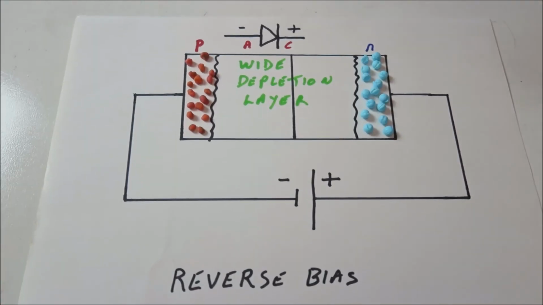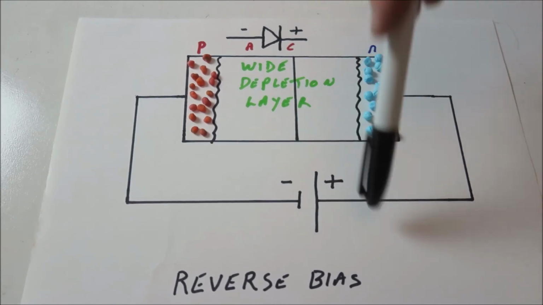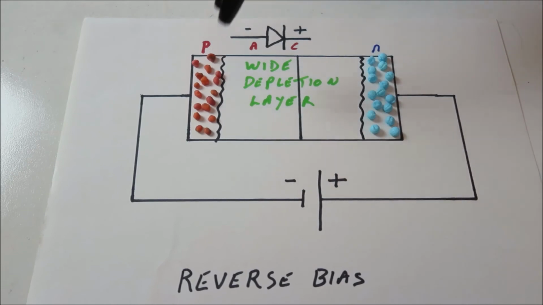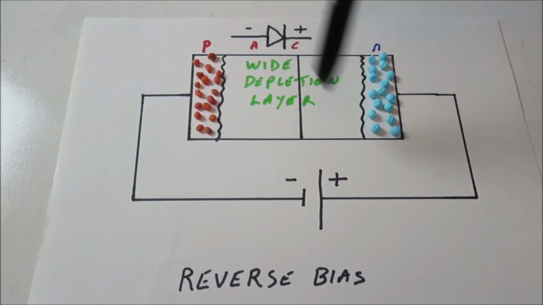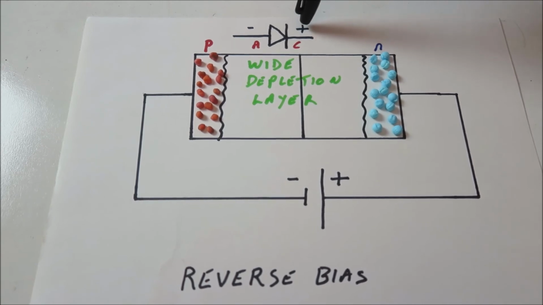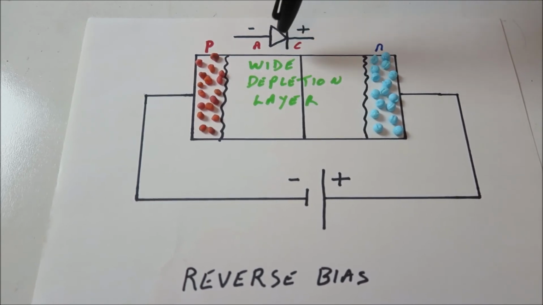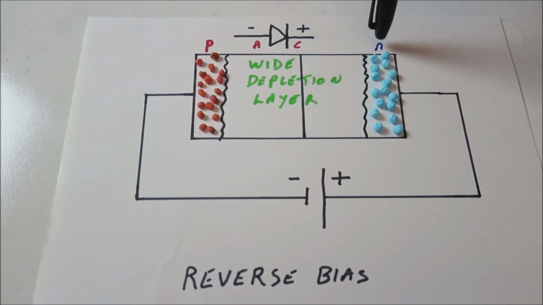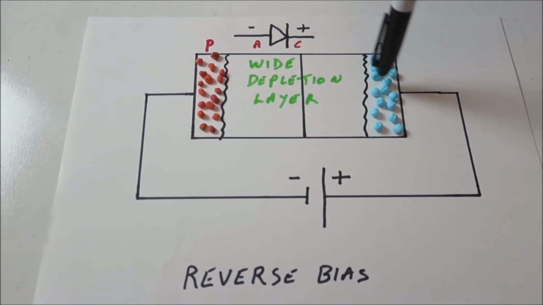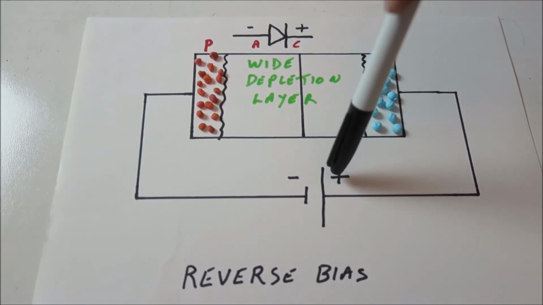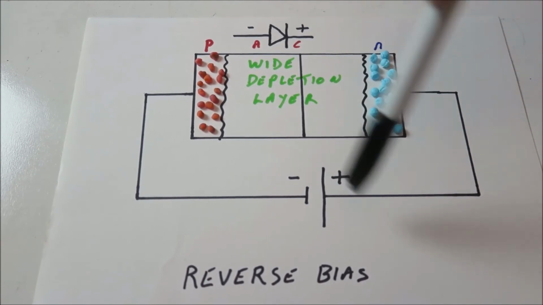Now if we look at the diode in the reverse bias connection, that means the negative of the power supply is connected to the anode, and the positive of the power supply is connected to the cathode. What we find then is that the majority charge carriers move to the ends of the device, i.e. the negative electrons are drawn towards the positive side of the supply because unlike charges attract.